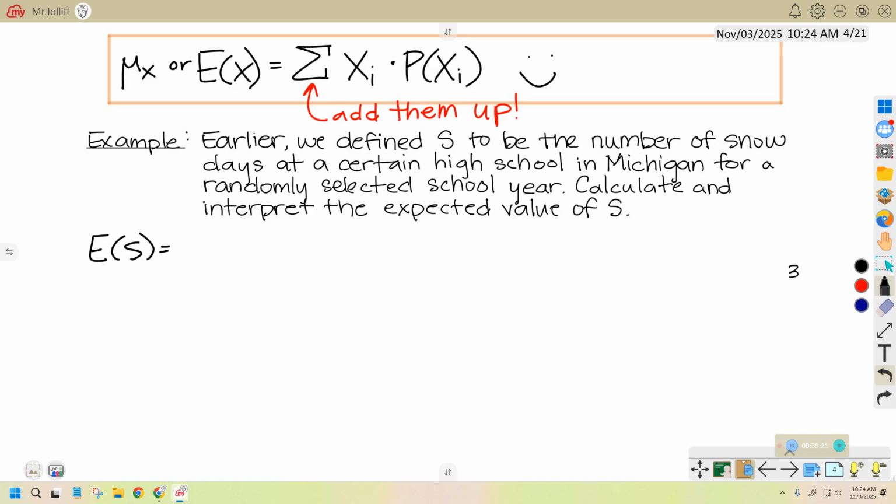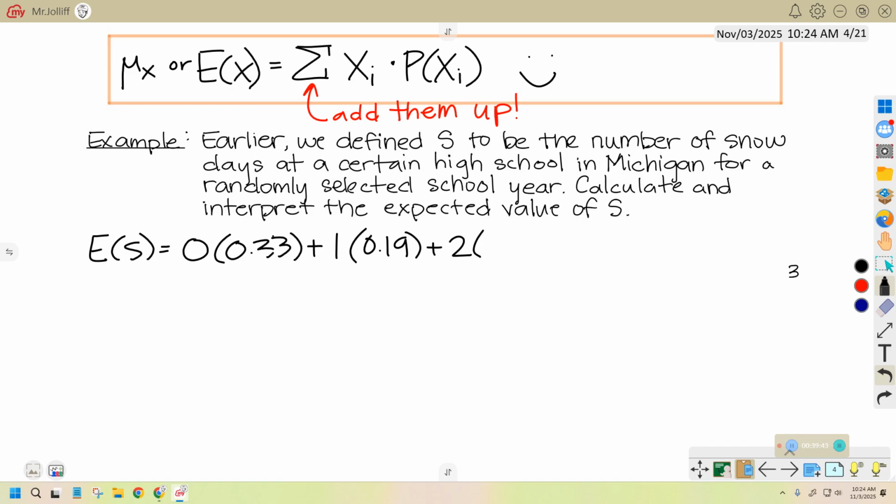So first possible value, 0 snow days. What was its probability? 0.33. Perfect. And then I am going to add to that 1 snow day. What was the probability of 1 snow day? 0.19. Perfect.